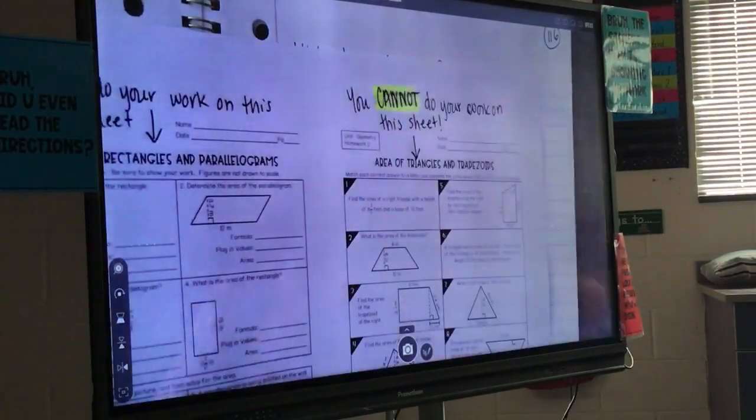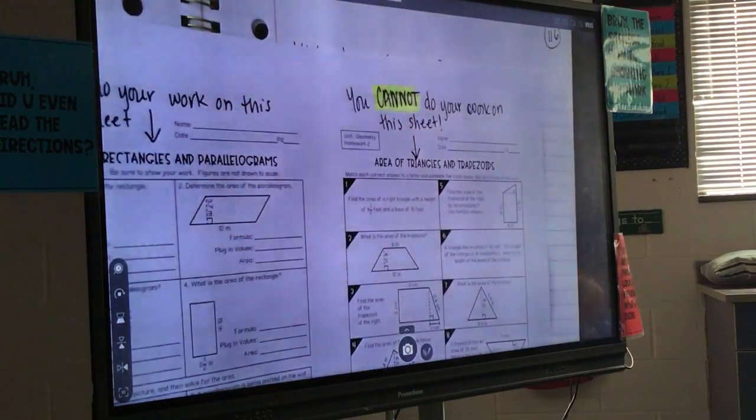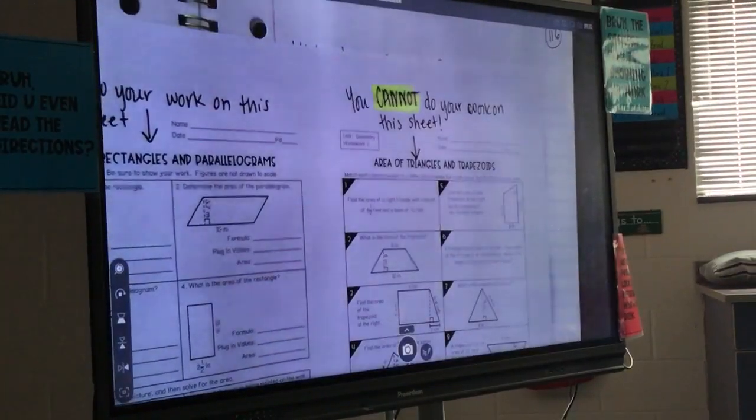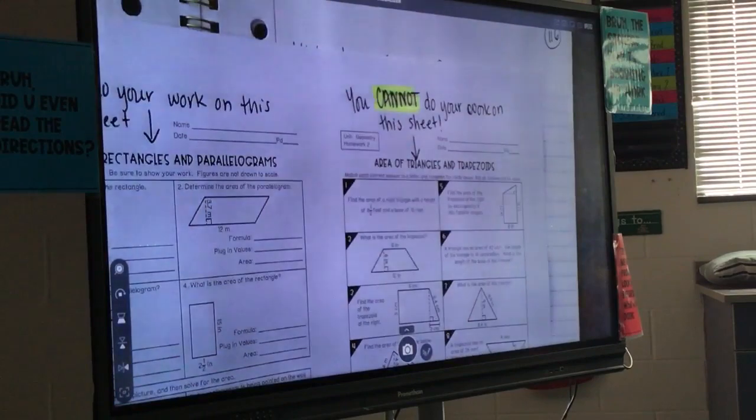So where do you think you have to do your work for that sheet? In your notebook, okay? What is the other thing that you have to do with your answer choices? What do you have to include? The square. Yes, the square units. Whatever unit it is, it's whatever squared.